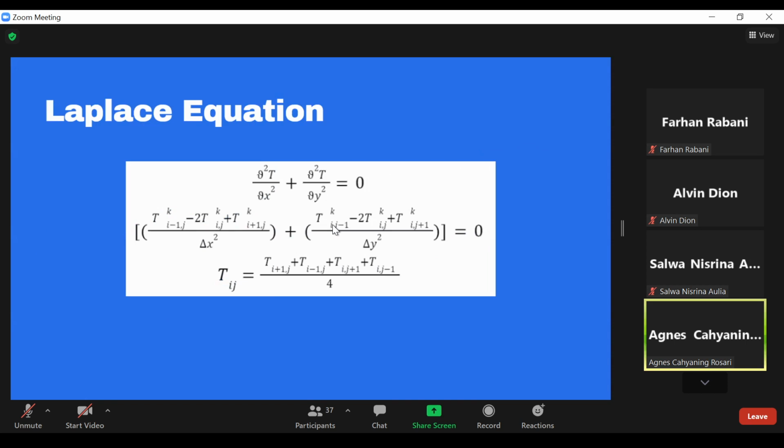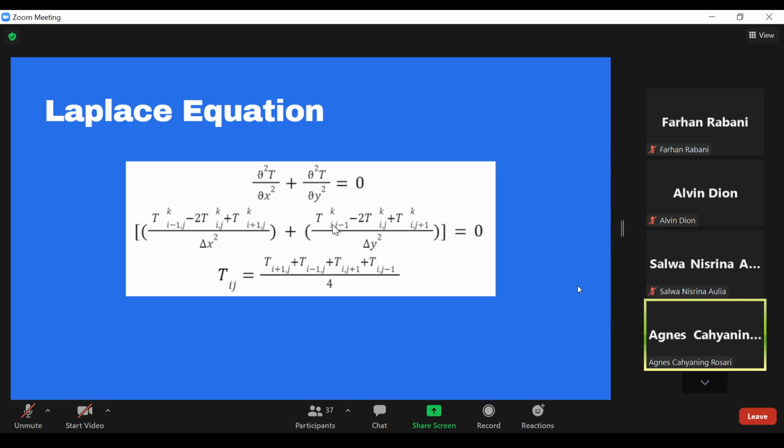Okay, so for the basic equations, we use equations based on the Laplace equation. To find the solution through iterations, we have T(i+1, j) plus T(i-1, j) plus T(i, j+1) plus T(i, j-1), divided by 4.